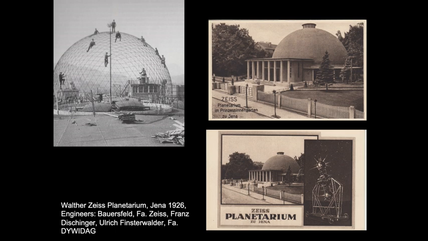I'd like to remind you of this planetarium building in Jena from the year 1926 in Germany, and it was designed by the engineer Bauersfeld from the company Zeiss, which is an optical company constructing projections and projectors and other optical things, and the civil engineers Dischinger and Finsterwalder, both working for the construction company Dyckerhoff and Wittmann, called Dywidag for short.